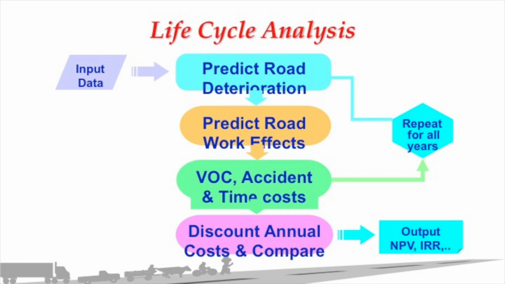You provide the input data. It then predicts the road deterioration. It predicts the roadworks, the maintenance, the repairs, and so on. It also predicts the vehicle operating costs, the time costs, accident costs, and then does the table I started with, and based on that, it discounts those annual costs to get your NPVs and internal rates of return.